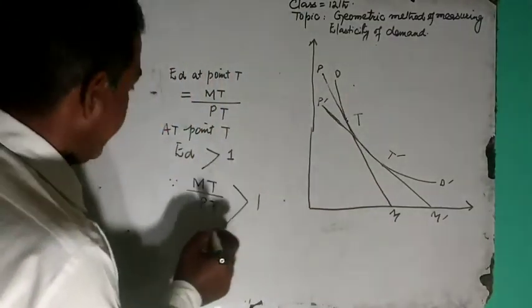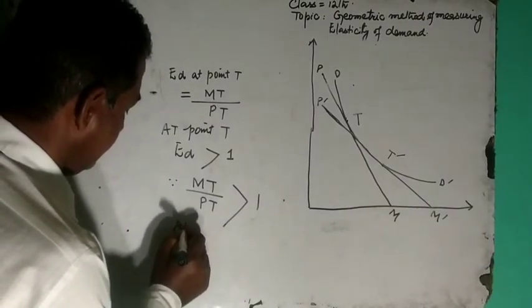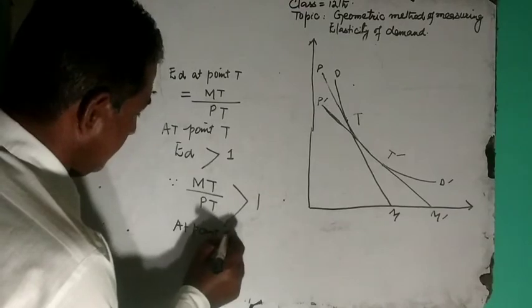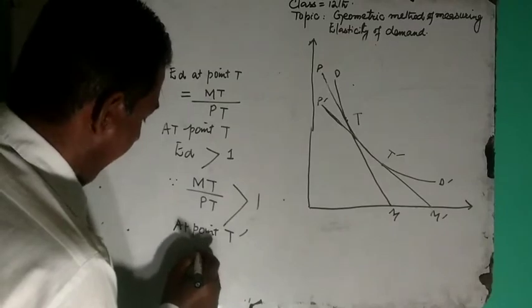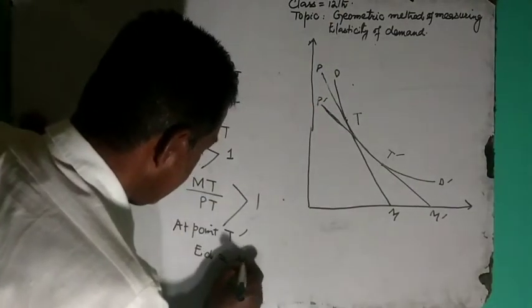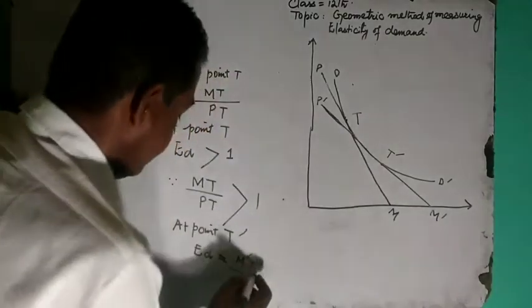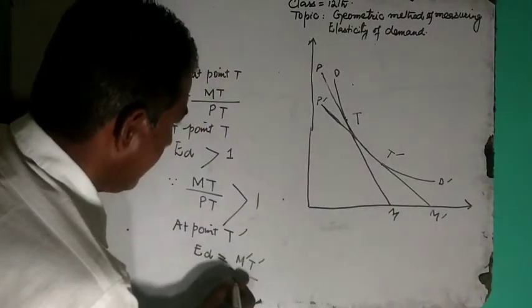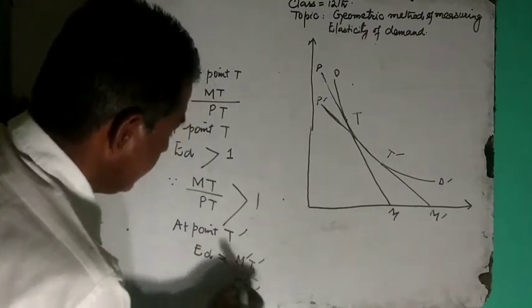Now at point T dash, elasticity of demand is equal to M dash T dash divided by P dash T dash.